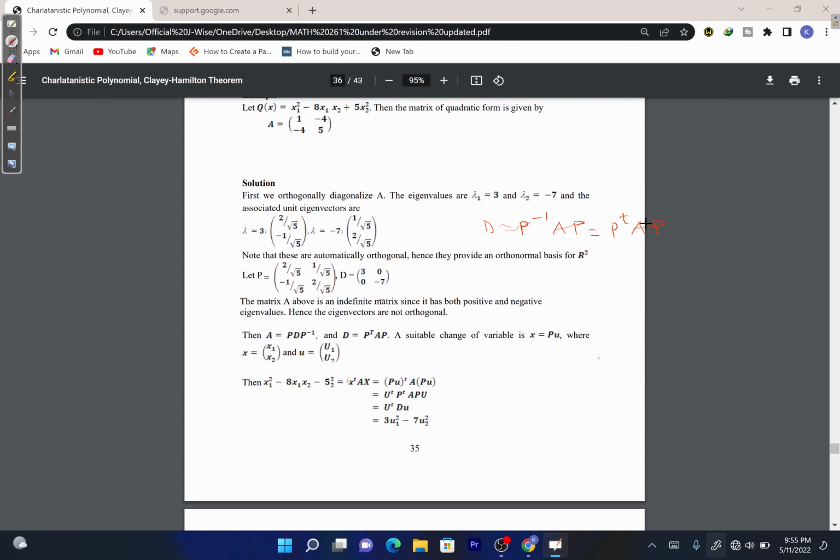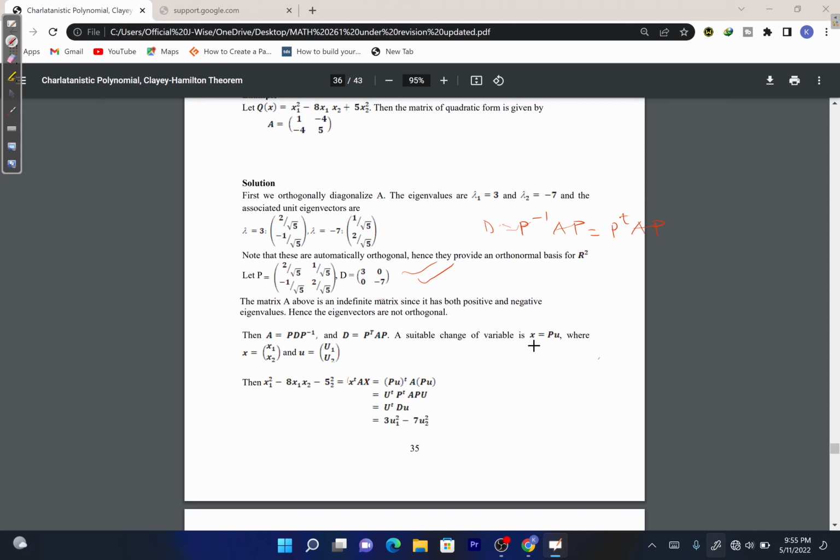When we simplify it, we get a matrix such that the elements on the diagonal are the eigenvalues, and the other elements are 0.